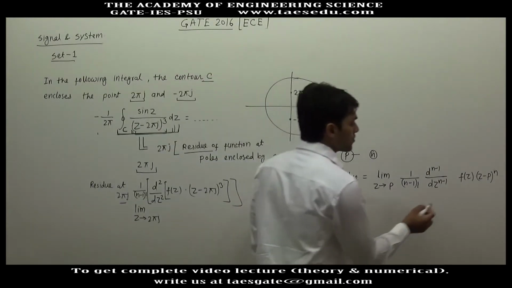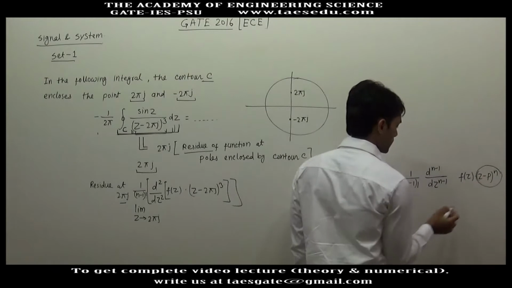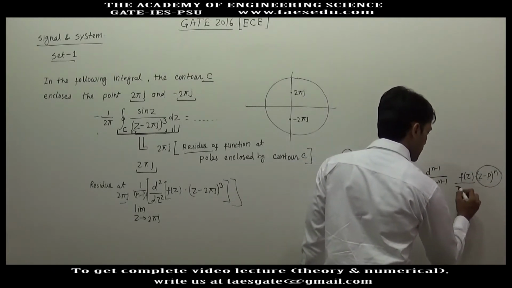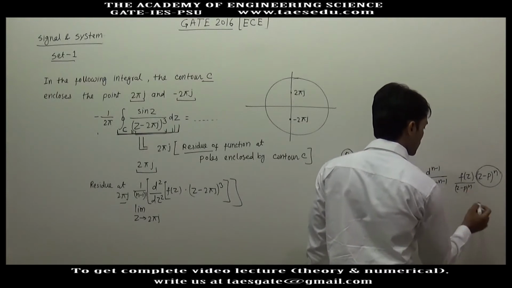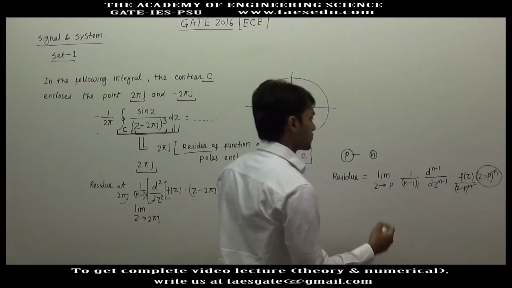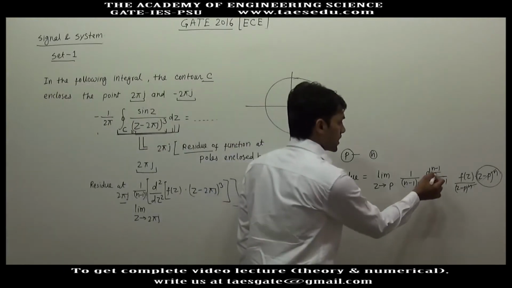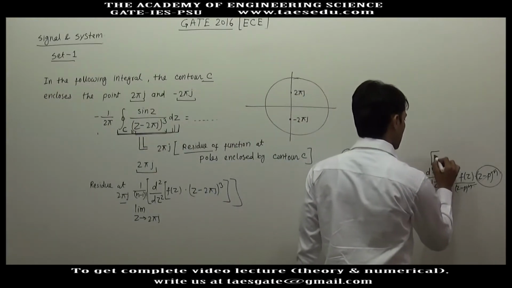So when you multiply by (z minus p) to the power n, the denominator which has (z minus p) to the power n will be cancelled. So we have to differentiate n minus 1 times, where n is the order of the pole.